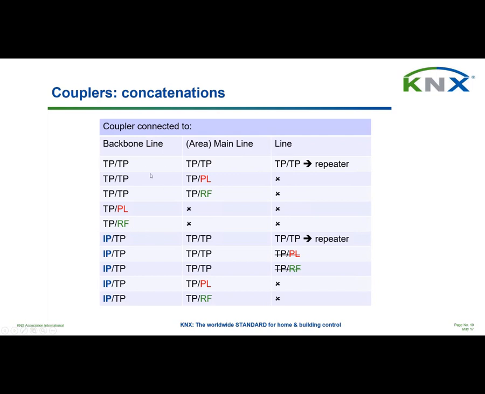The point of this entire overview is to point out that you need to be careful where you put the couplers in the topology, right? So again, if you would already put a twisted pair power line coupler in the backbone, this has consequences, as you can see here, right?